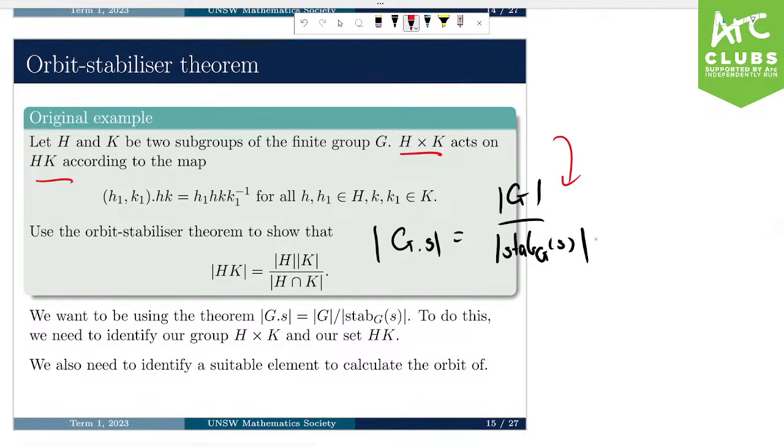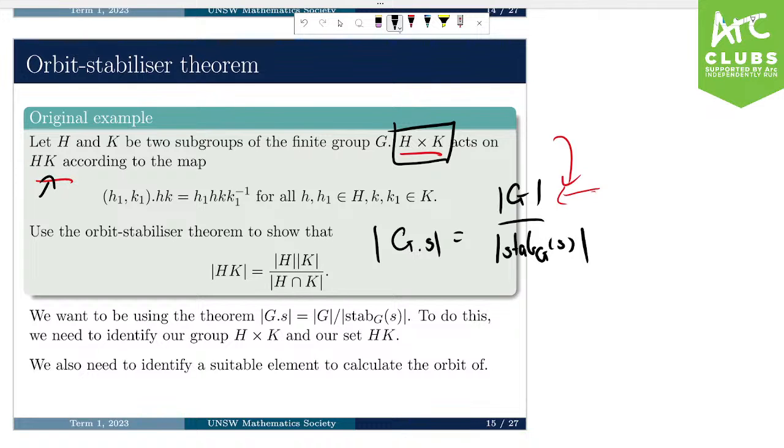In the numerator here, we have the group G, which is acting on the set. A suitable choice for G here will be H × K, which is the group that acts on our set.